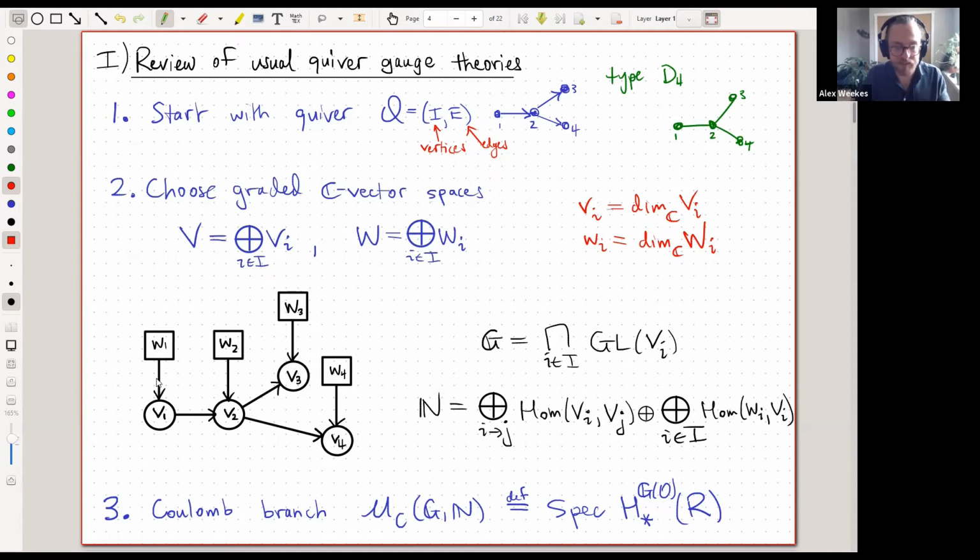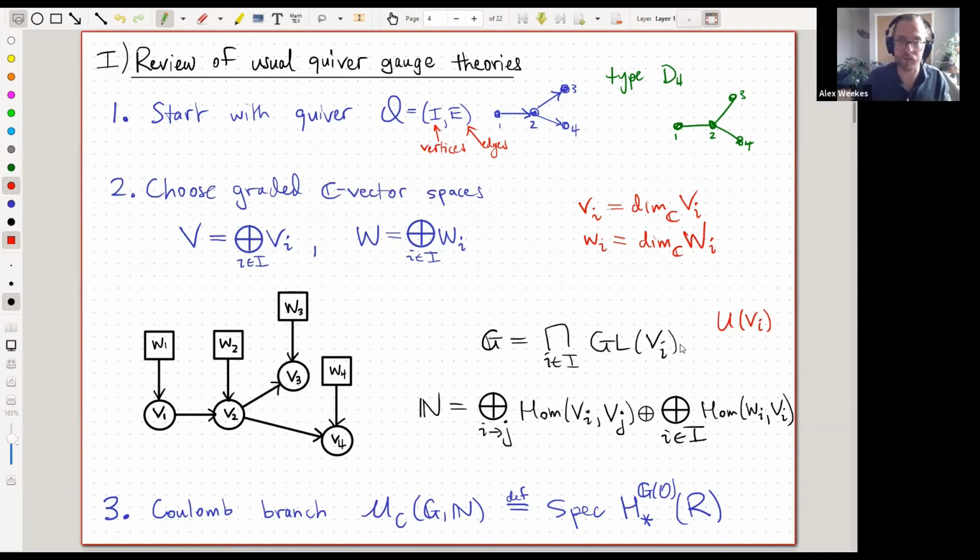And associated to this data, the choice of a quiver and the choice of these two vector spaces, we can form a gauge group and a matter representation. The gauge group is this product of general linear groups, or if you prefer, you could say it's the product of unitary groups. That would also do. That would be the compact version of the same story.